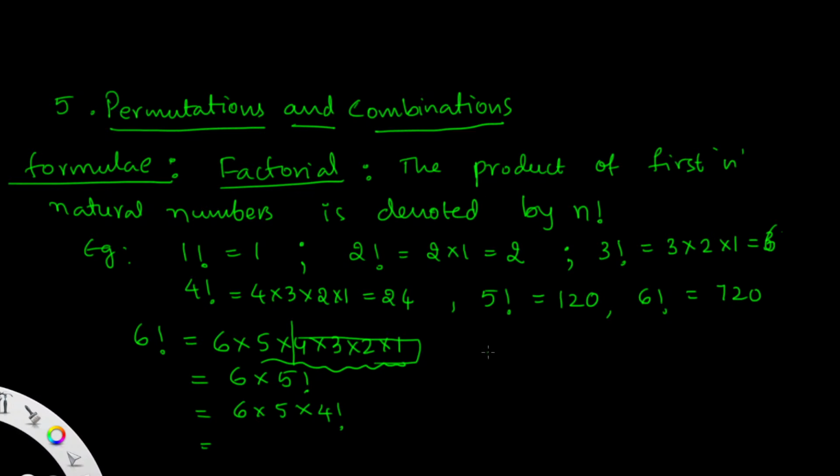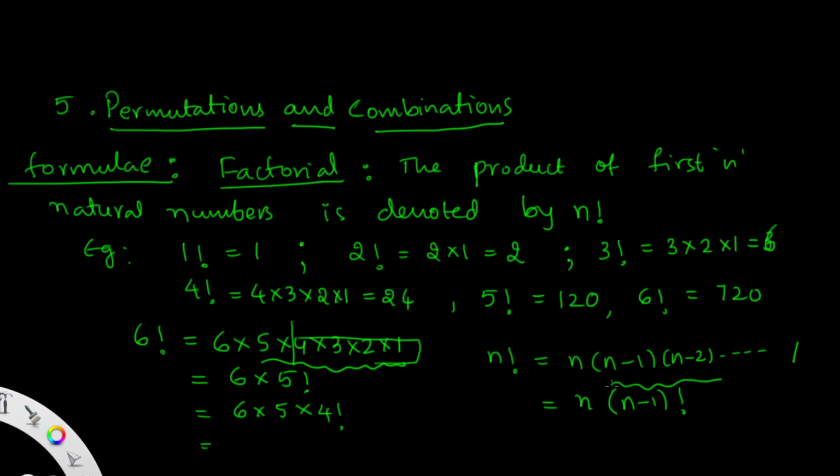So n factorial is nothing but n into n minus 1 into n minus 2 and so on up to 1. For our convenience we can write it as n into n minus 1 factorial.